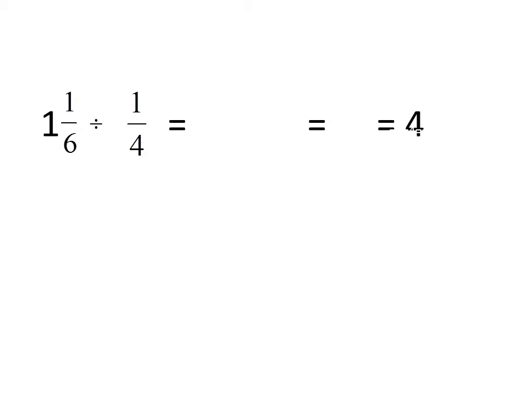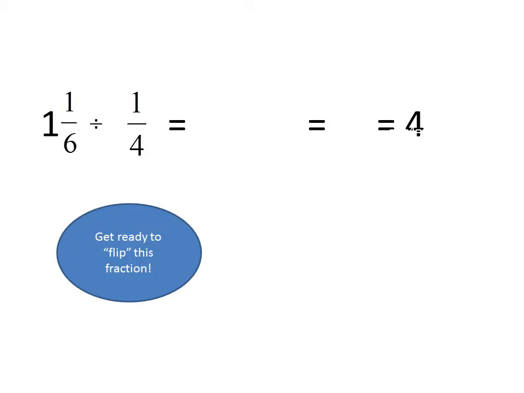Then we will turn our division problem into a multiplication problem, and then after that we will flip the 1/4, or find the reciprocal of the 1/4, and multiply across. It sounds complicated, but it really isn't, and it's a lot of fun. So let's get ready to flip the 1/4.